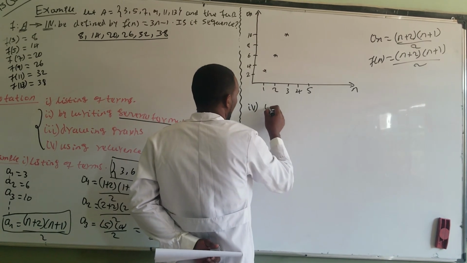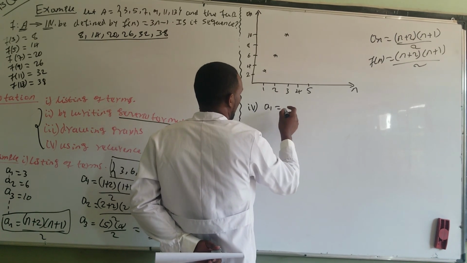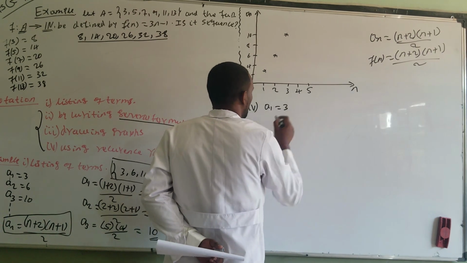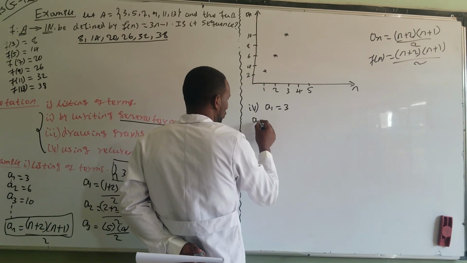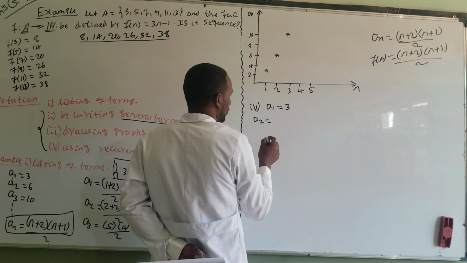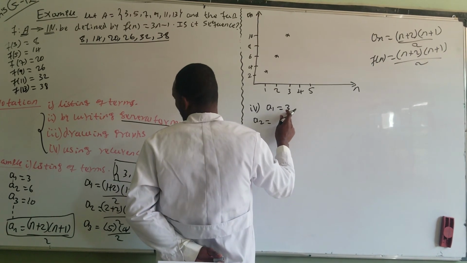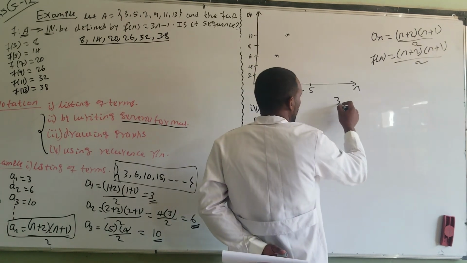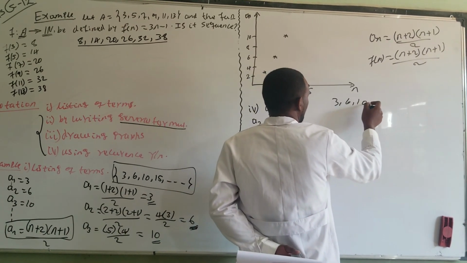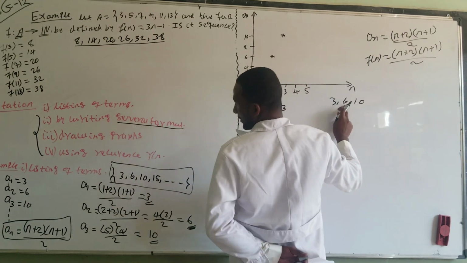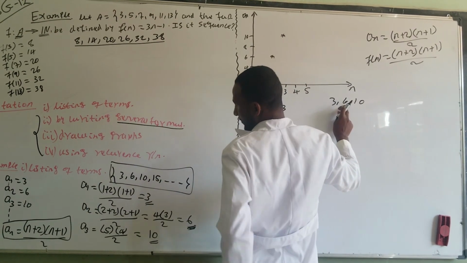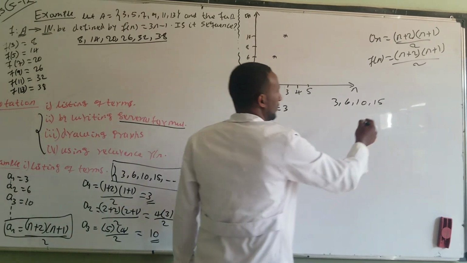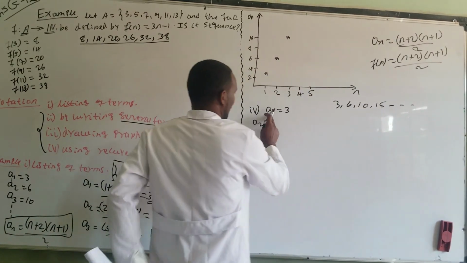If we take a1 as the initial condition, a1 is equal to 3, then a2 is equal to the next term, 6.